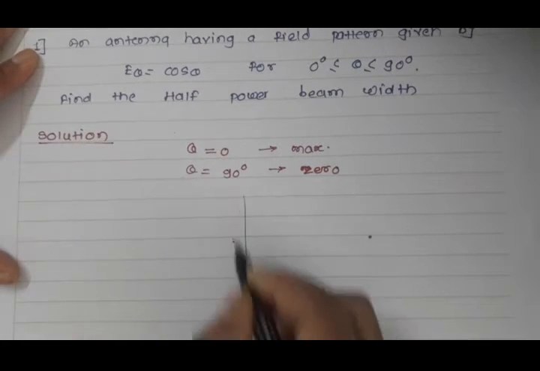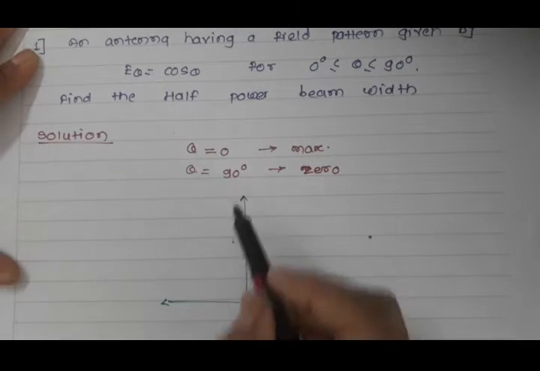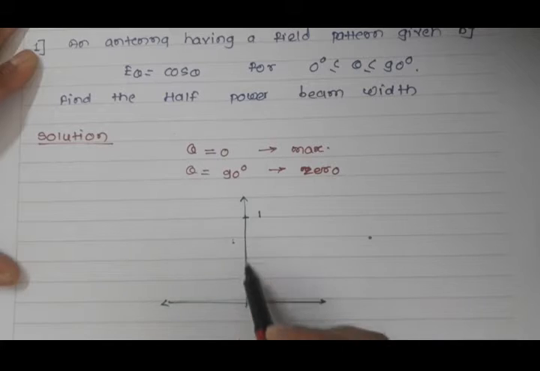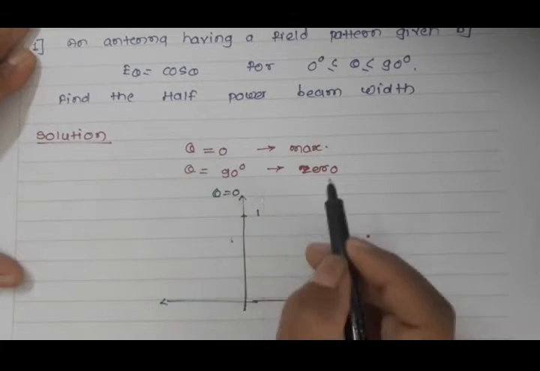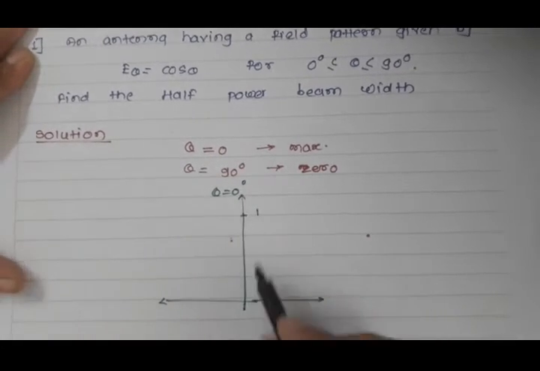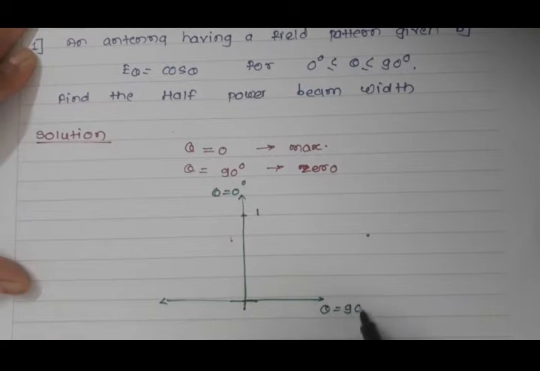Now let us plot the pattern for this particular function. I am getting the maximum, that is 1, when theta is equal to 0, and I am getting the minimum when theta is equal to 90 degrees.